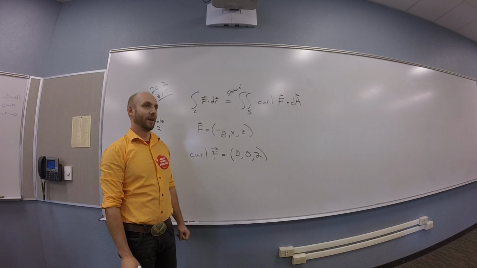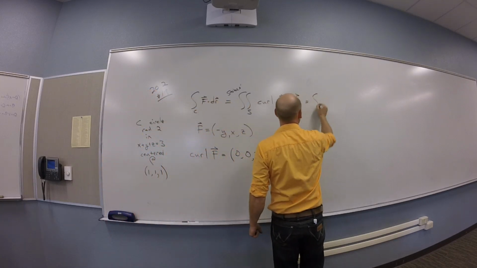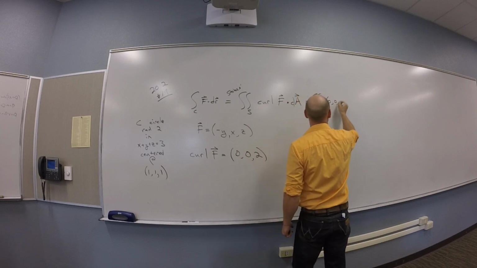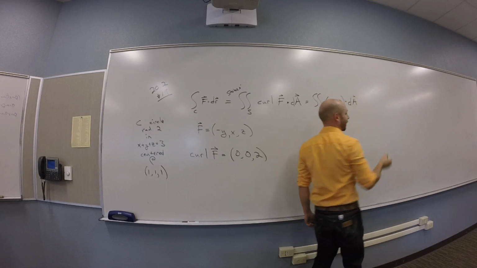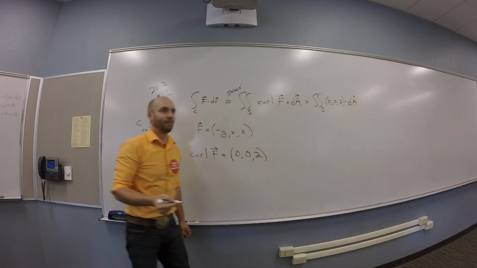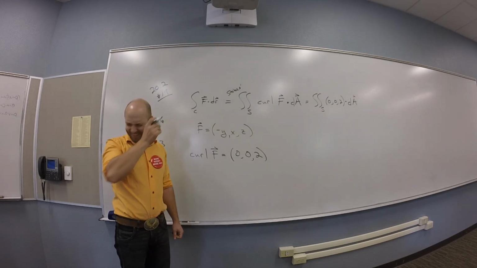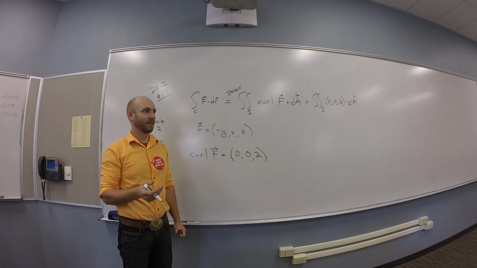Okay? And then you're like, hey, that'll be chill, right? Because this will be the integral over the surface of 0, 0, 2 dotted with dA, which will be super duper easy, right? At first, except it's a pain in the ass to parameterize this thing, right?